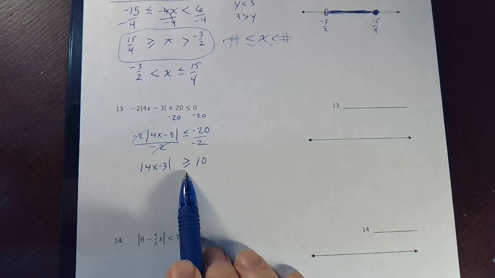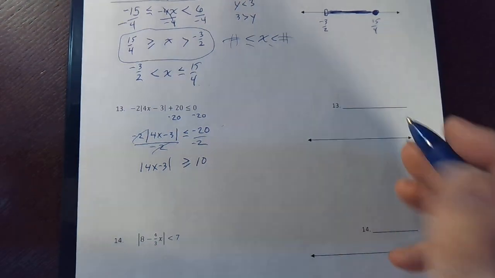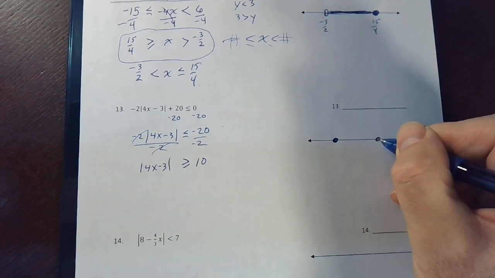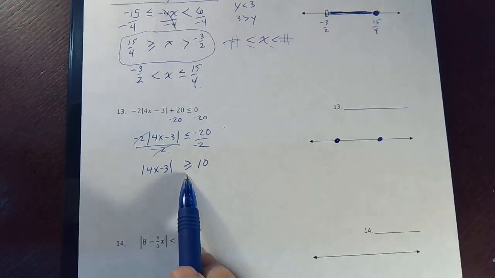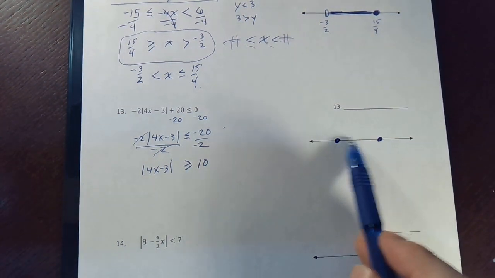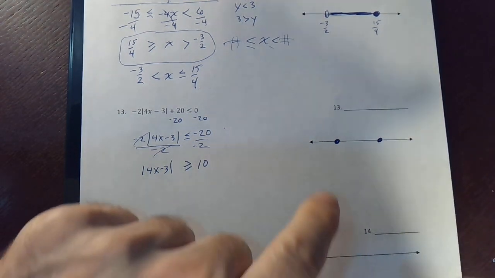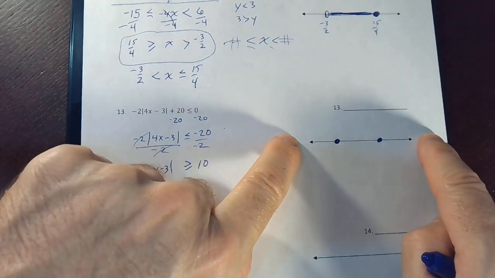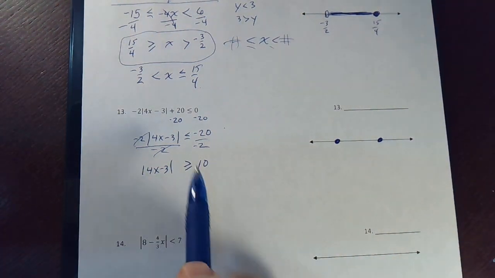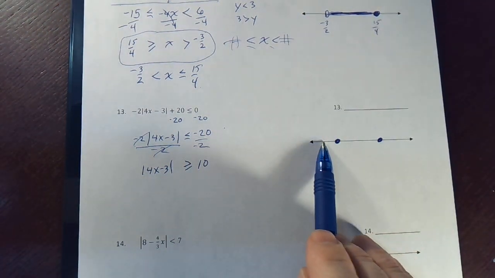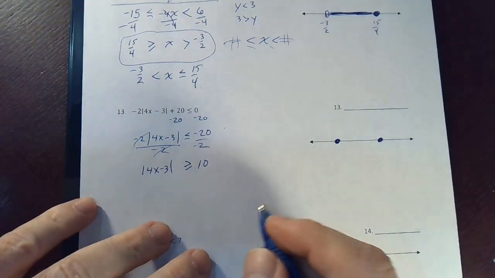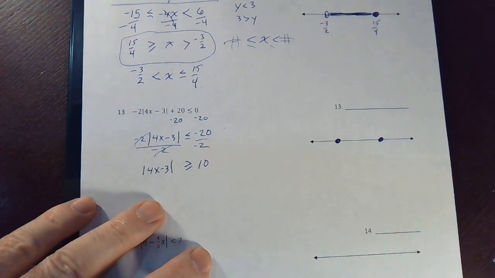It's greater than or equal, which means I'm going to have 2 numbers shaded in, filled in completely because of the equals. And I'm either going to shade in between, or I'm going to shade the two regions going outward from these 2 points. Because it's greater than or equal, it's going to be 2 of them. So really, all I need to do now is solve 2 equations.